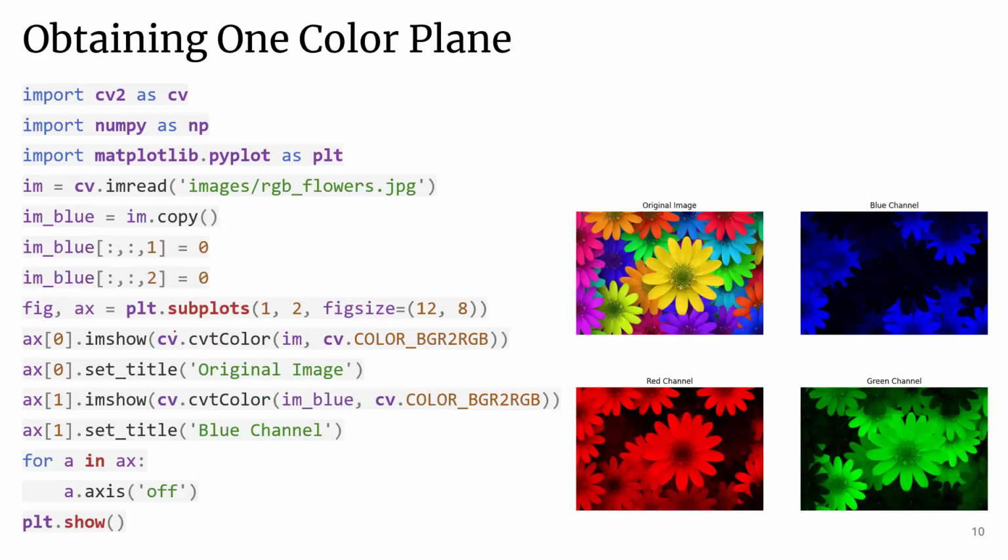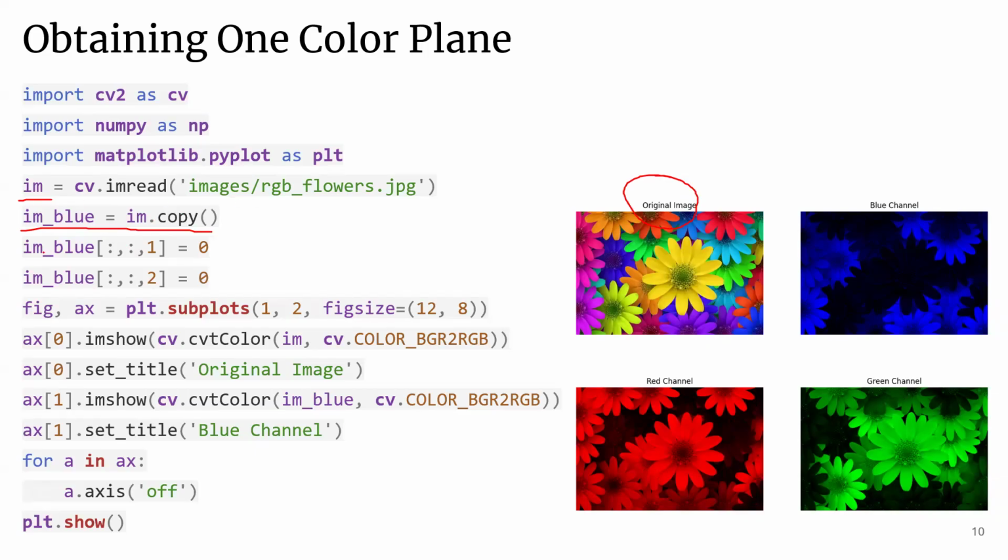Okay. So now let's try to extract the color planes of an RGB image to know something about color. Here you can see I have a color image opened, this is the original image. Then I made a copy of it, called the blue copy. So this image is copied now.